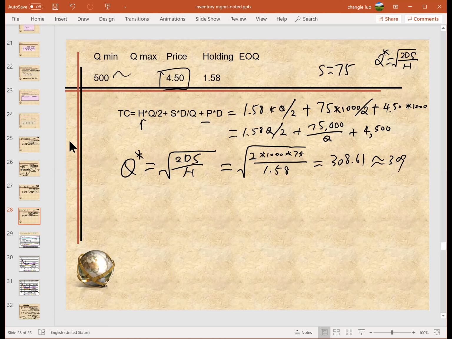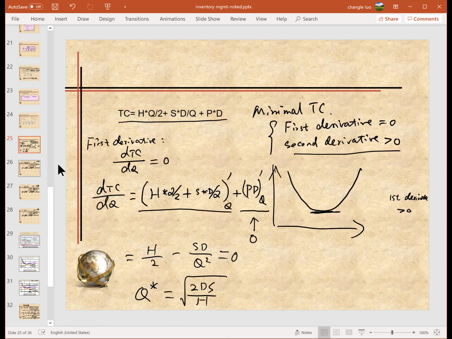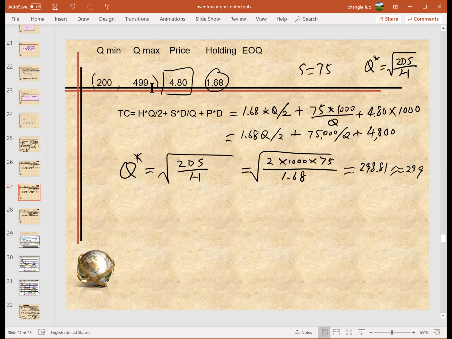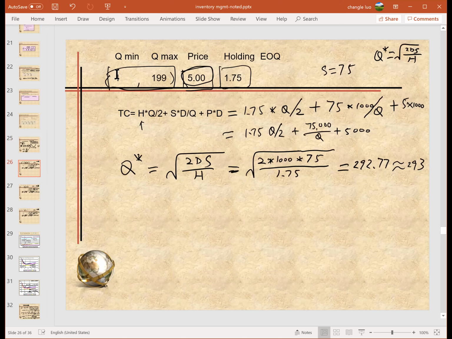So we have three different scenarios here. For the first scenario, when Q is between 1 to 199, which is the quantity less than or equal to 199 units, the best Q star is 293.